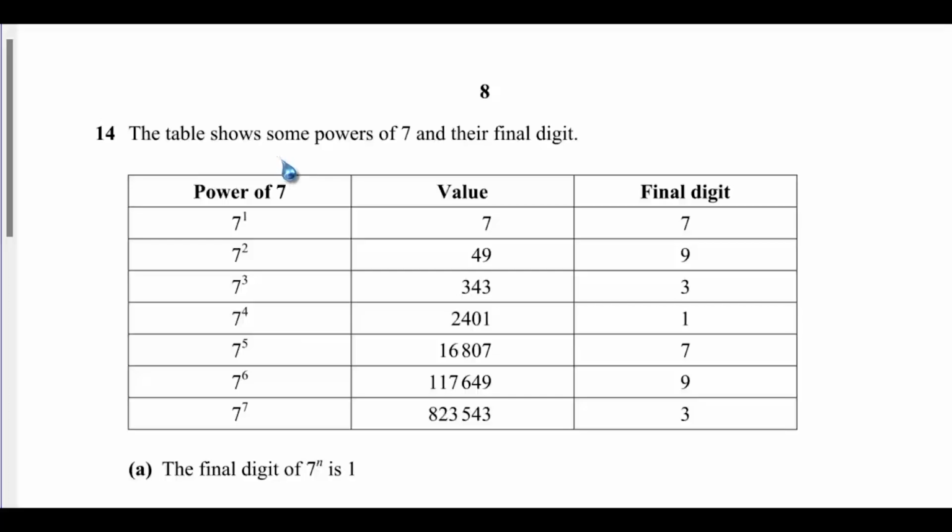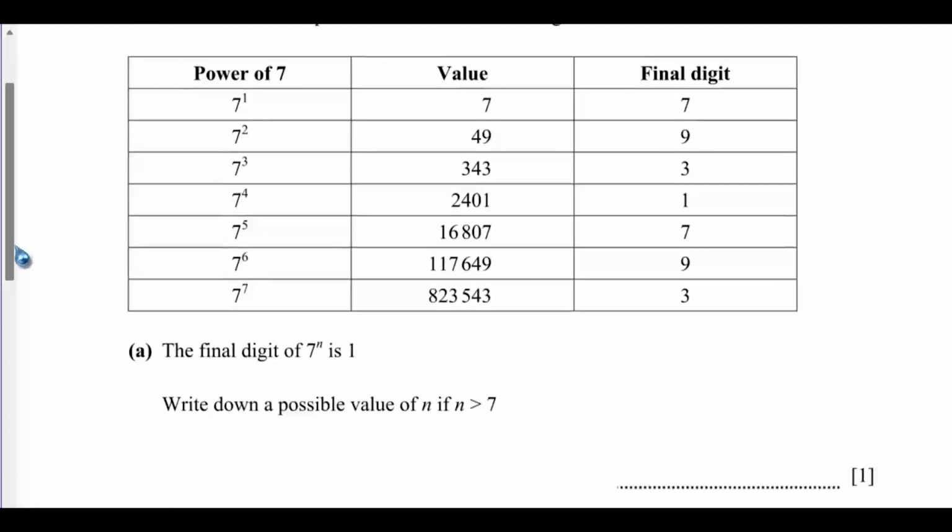The table shows some powers of 7 and their final digit. So 7 to the power of 1, the value is 7 and the final digit is 7, and so on and so forth. Part A. The final digit of 7 to the power of n is 1. Write down a possible value of n if n is greater than 7.